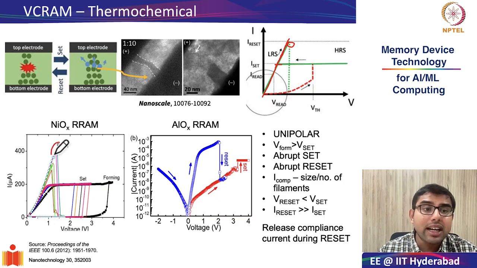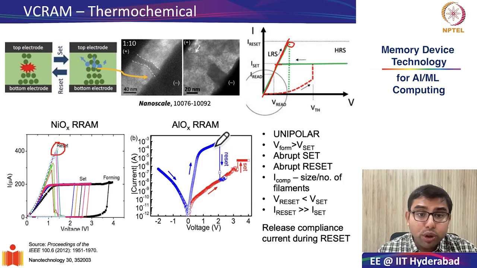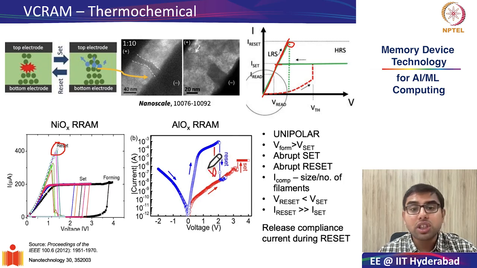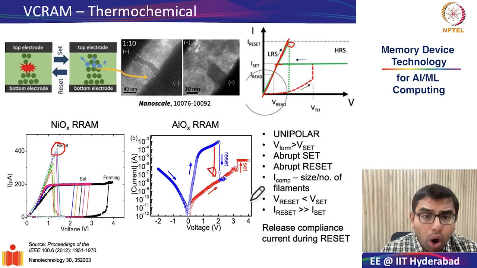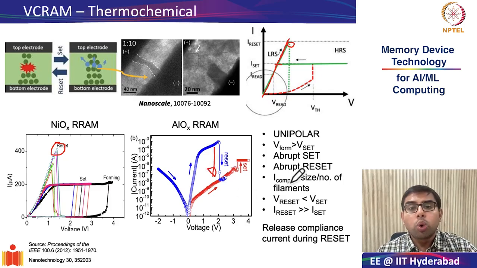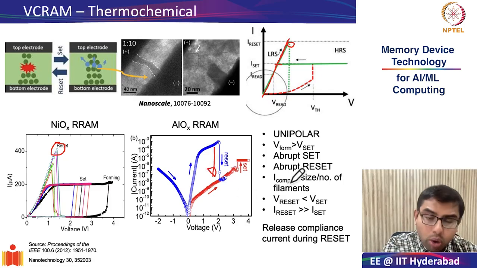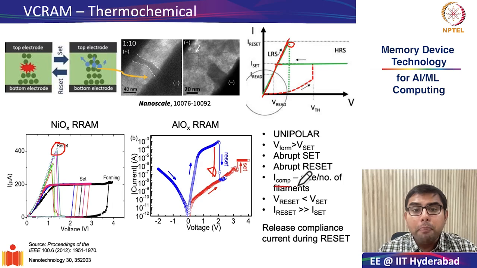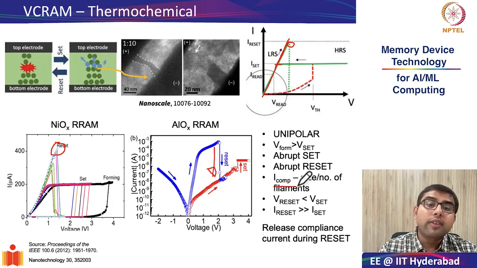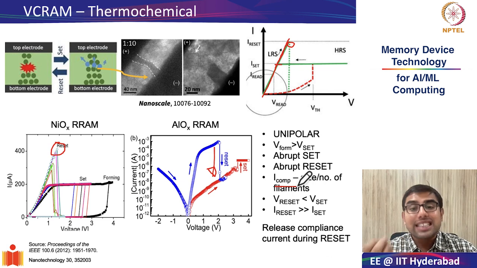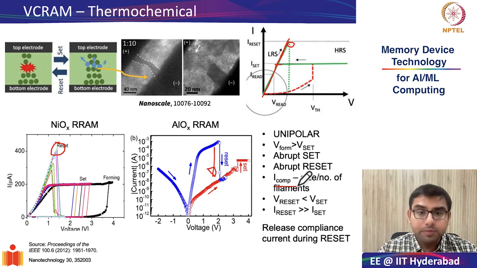Only high reset current suddenly makes this transition, and therefore generally the reset of thermochemical VC-RAMs is also very abrupt. Also similar to what we saw in the electrochemical cell, the compliance current can influence the size and number of filaments, therefore deciding the resistance in the LRS state.